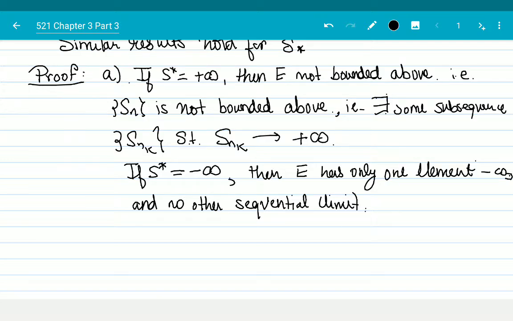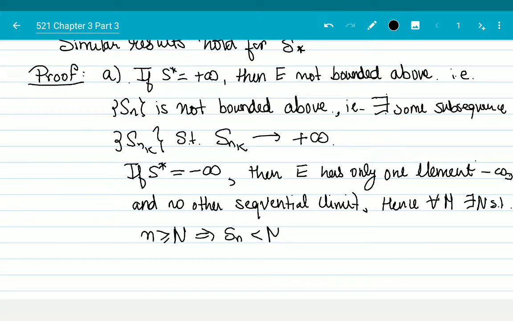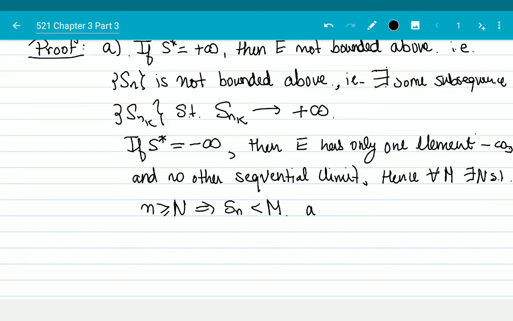Well, let me just write it down anyway. Hence, for every m there exists N such that n greater than or equal to N implies Sn smaller than m, and so Sn converges to negative infinity.